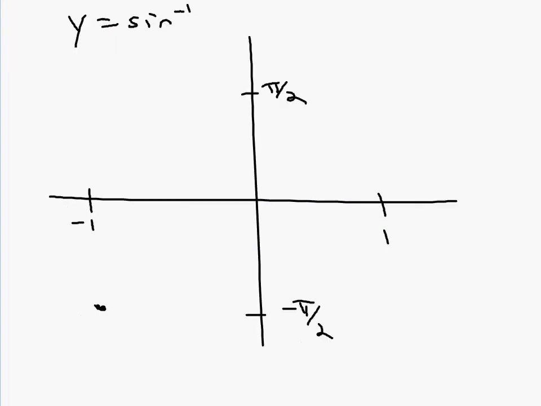So your new graph is going to be kind of like that. Okay? That's kind of the graph of inverse sine of x. And it's very short, it's cut off, okay, and that's okay, because that's the only way we can have an inverse.